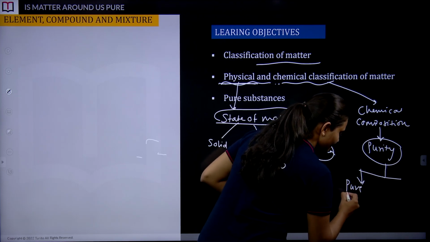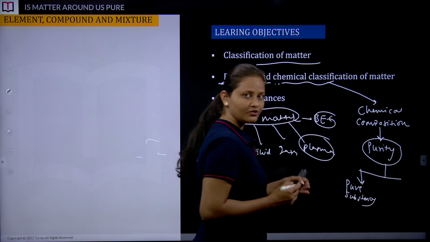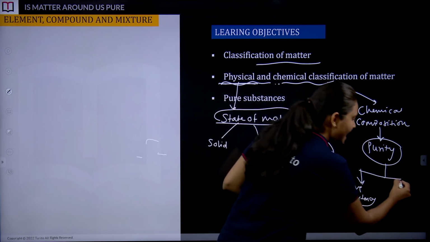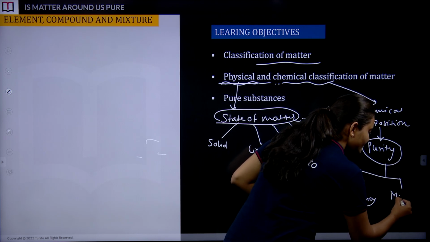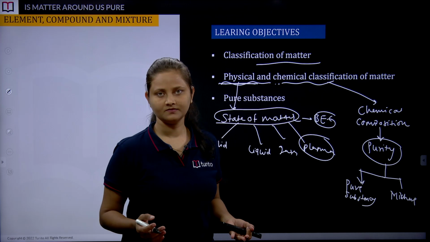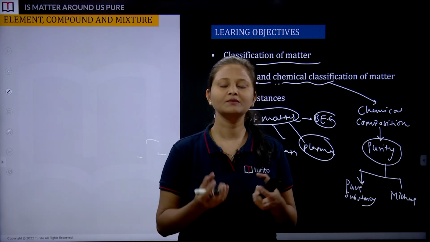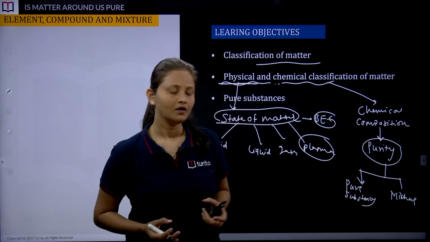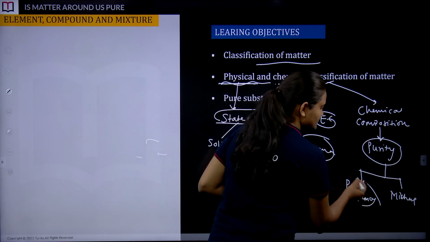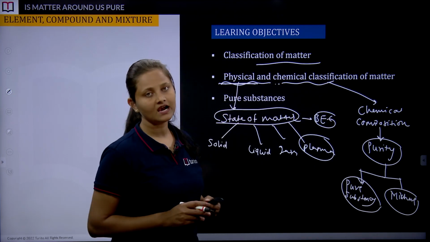There we discussed pure substances, and the next one was mixture, or I can say impure substance. An impure substance has its specific name, which is nothing but mixture. So this is the chemical classification which we discussed in the last class.